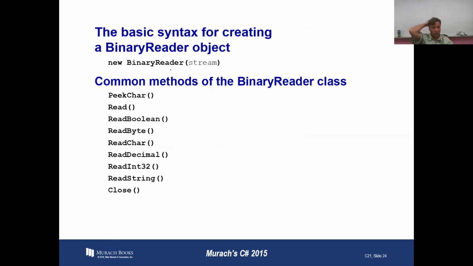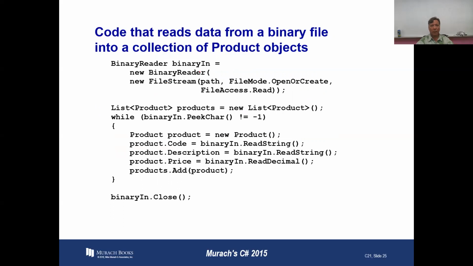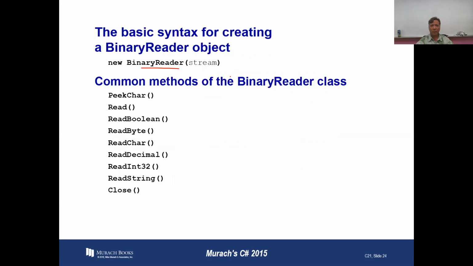And basic syntax for creating a binary reader object is the same kind of thing. This is creating a binary reader object where we have to have a file stream inside.